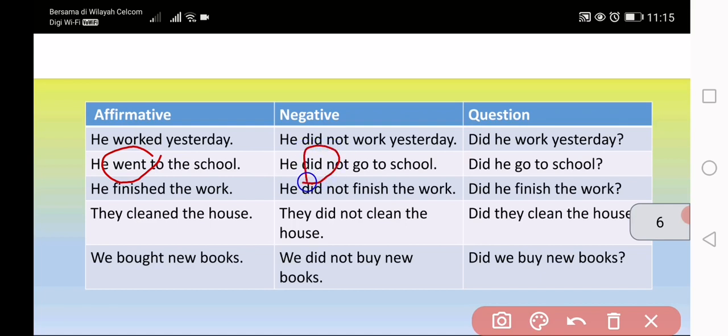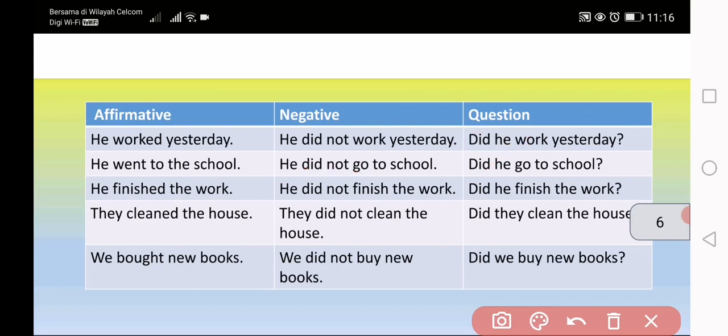Ada did, ada not. So the verb should be in base form. He did not go to school. Nampak? He did not go to school. Sebab apa? Sebab ada did ni, dia jadi kata asal. So, nak jadikan question, senang. We just add auxiliary did. Did he go to school?